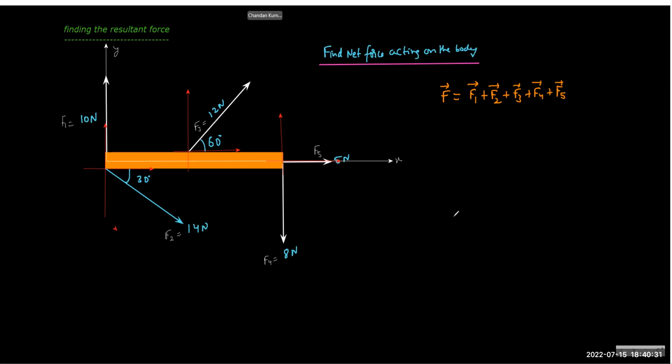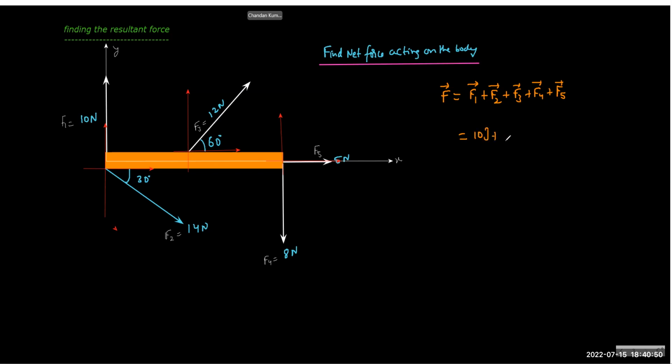Now, because you have the proper assumption of X and Y axis, you are free to choose the i cap and j cap method of writing. So tell me guys, how should I replace F1? By writing what? 10 j cap.